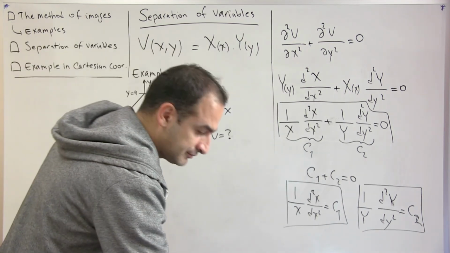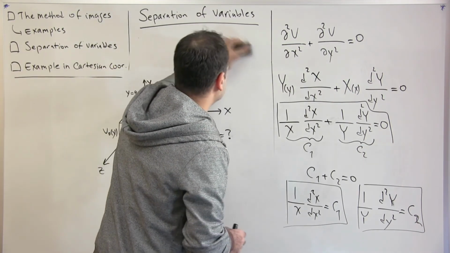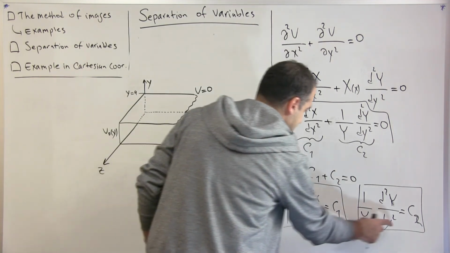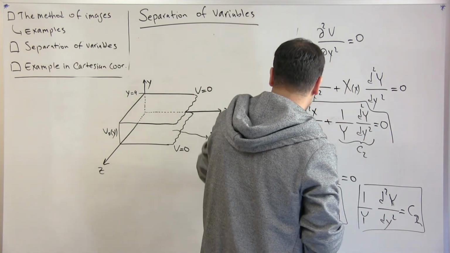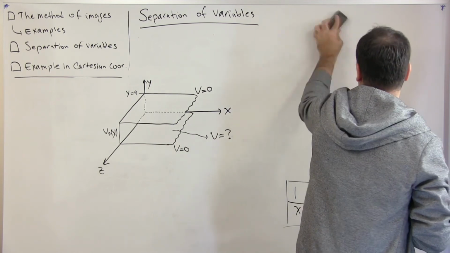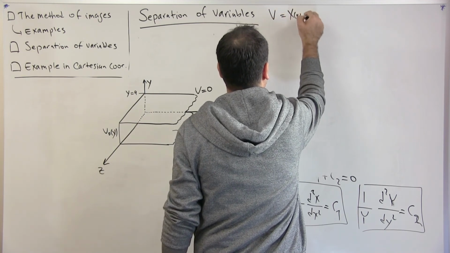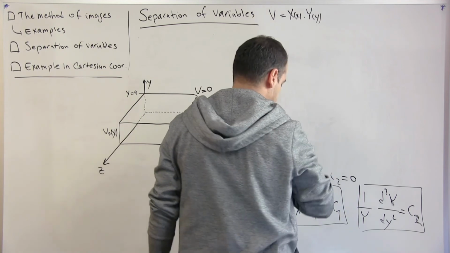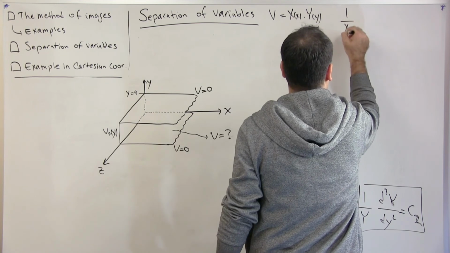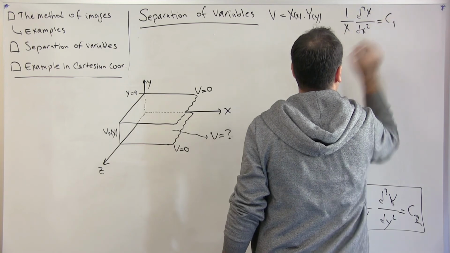I'm going to erase some of the parts here because the board is getting too messy. I want to erase all of this and just keep these two equations on the top. I'm going to say that V is X(x) times Y(y). For X, we have the differential equation (1/X) d2X/dx2 is C1.